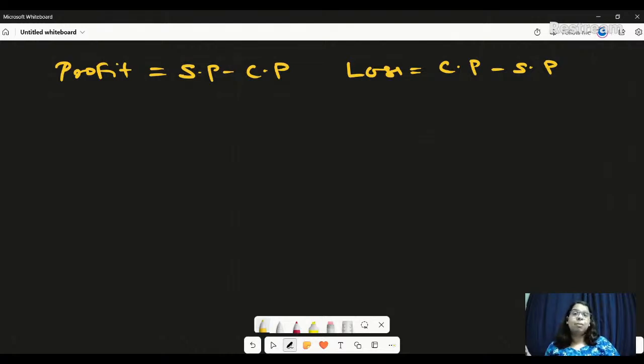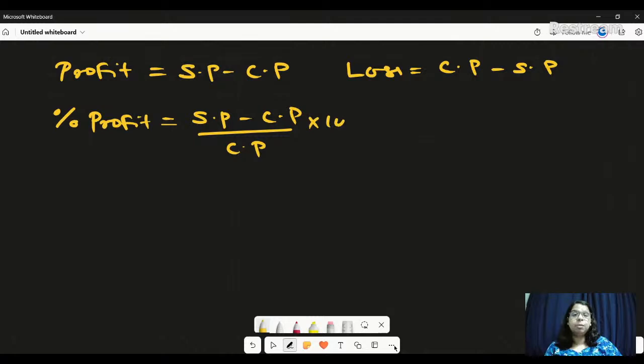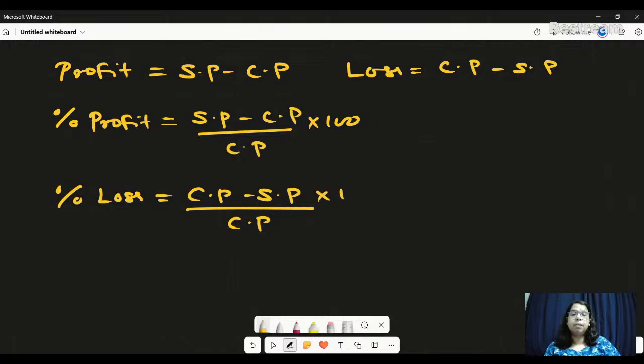So according to our increase or decrease percentage formula, we have percentage profit is equal to SP minus CP over CP multiplied by 100, and percentage loss is equal to CP minus SP over CP multiplied by 100.